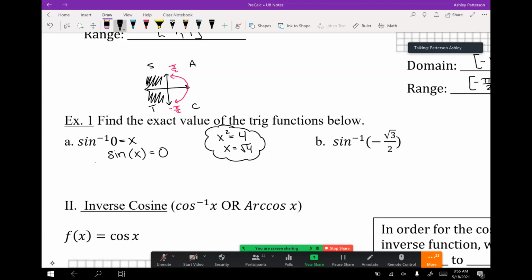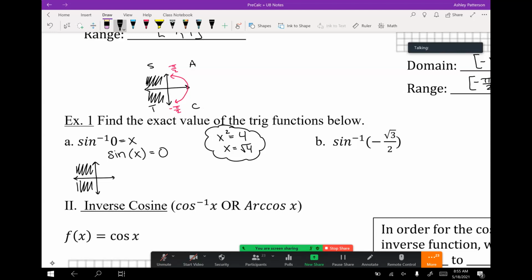So think about the restrictions on the domain. We already know that we can't exist in the second and the third quadrant because the restrictions on the domain limit us. We need to figure out what angle measure gives us a sine value of 0. Ethan? 90.